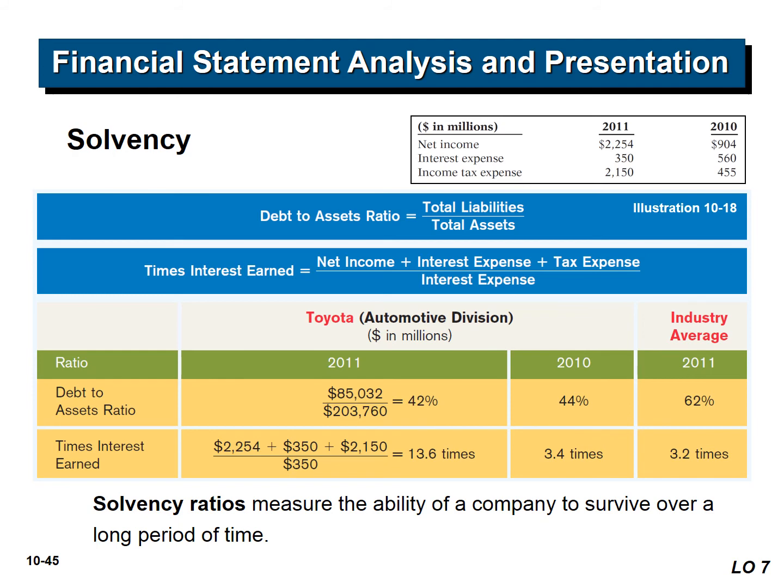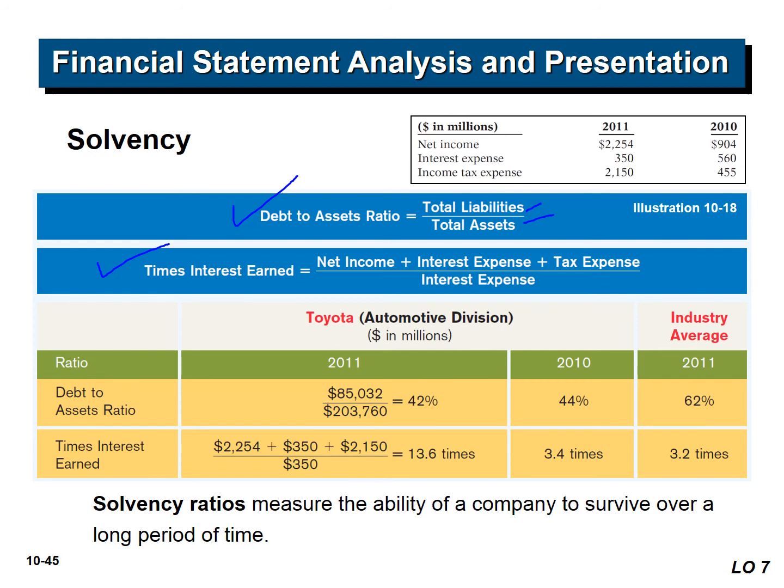Another set of ratios is called solvency, and that's your ability to pay your long-term debts. We have the debt to asset ratio, total liabilities over total assets, and then times interest earned: how many times do you earn your interest during the year?